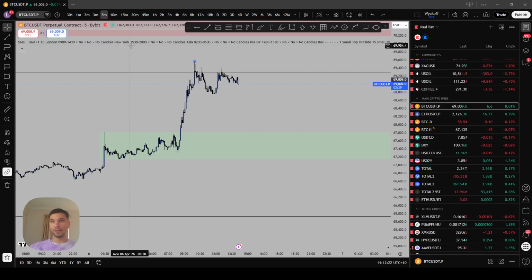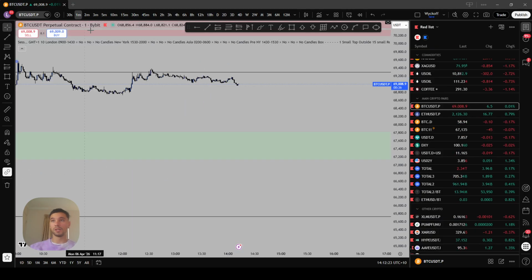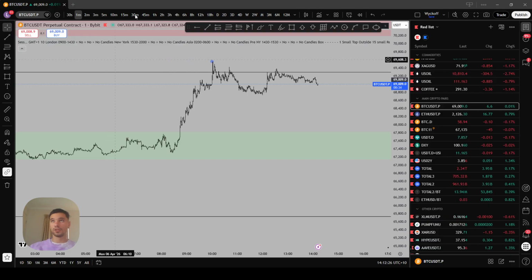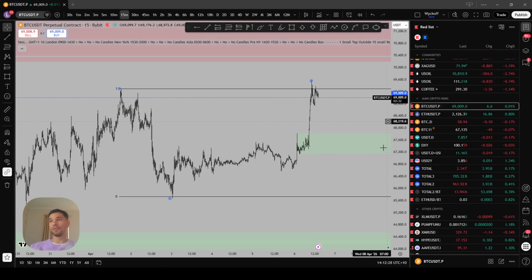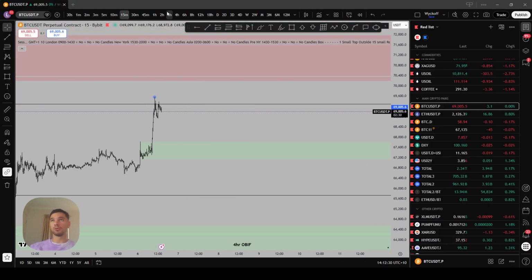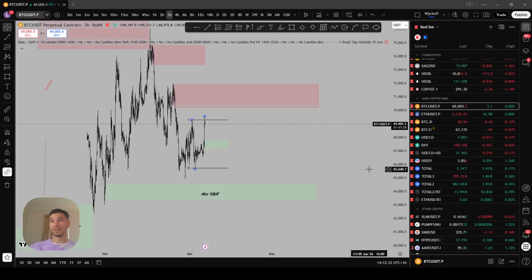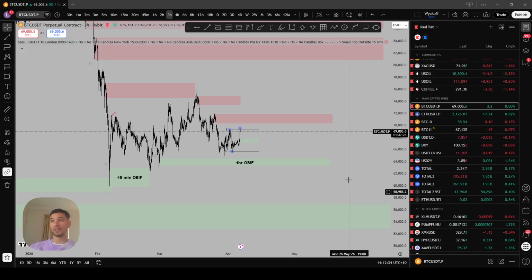Yeah, that is valid. Very valid demand. So ideally, I'd like to see this get mitigated first, but only time will tell. Yeah, in terms of Bitcoin, this is kind of all I'm seeing for now. Not much more to be done.